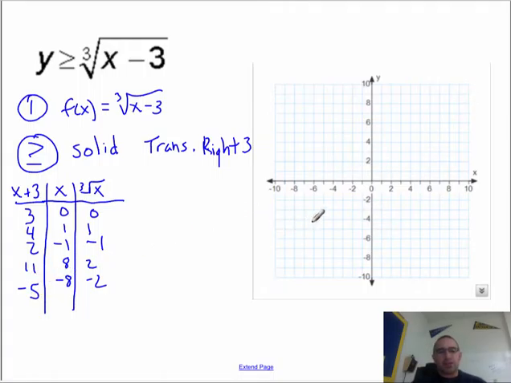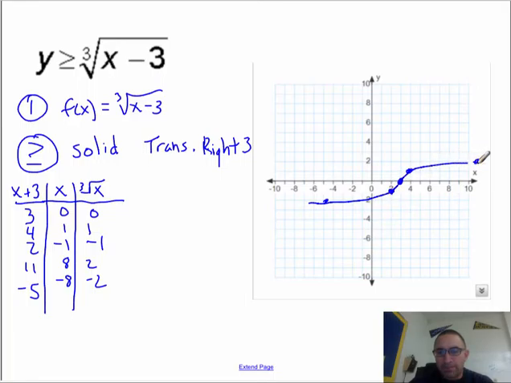Now I have my new points. I'm going to graph 3, 0, 4, 1, 2, -1, 11, 2, and -5, -2. And there we have it.